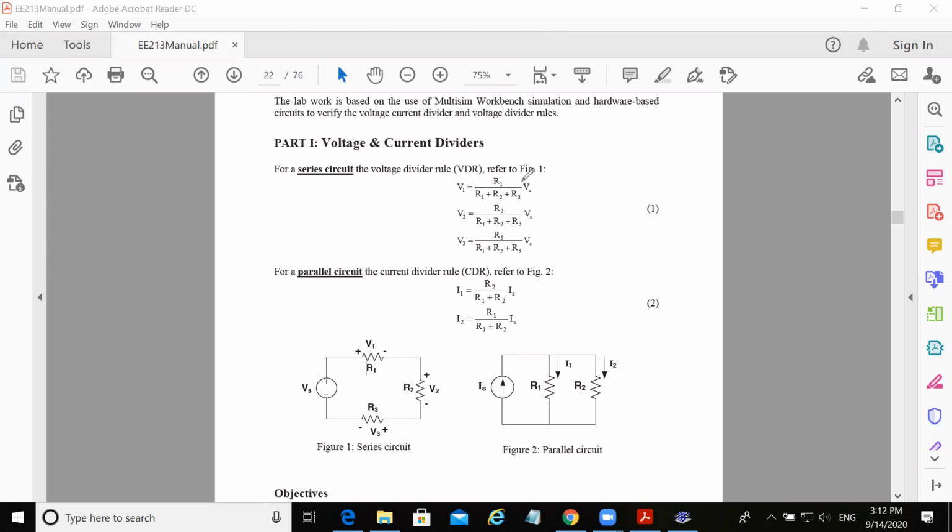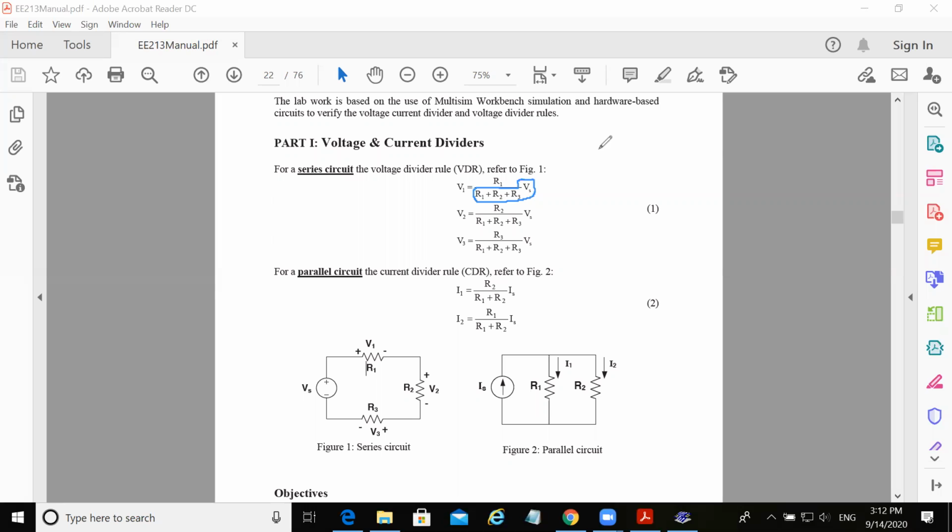If you look here, this part, Vs divided by R1 plus R2 plus R3, what is that? R1 plus R2 plus R3 is the total resistance of this circuit, which is the equivalent resistance of this circuit. And we are dividing Vs by this equivalent resistance.